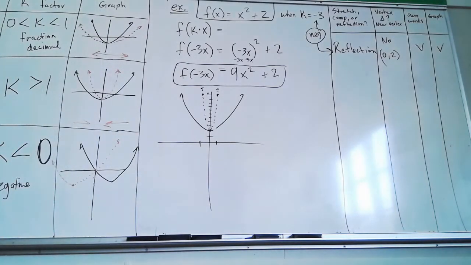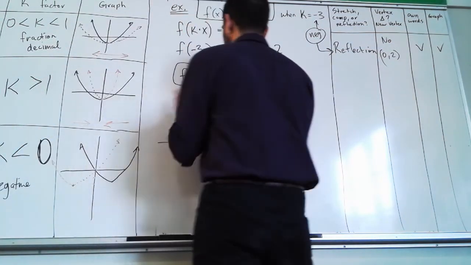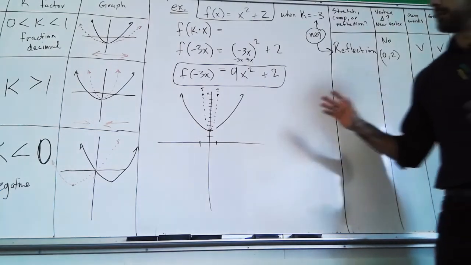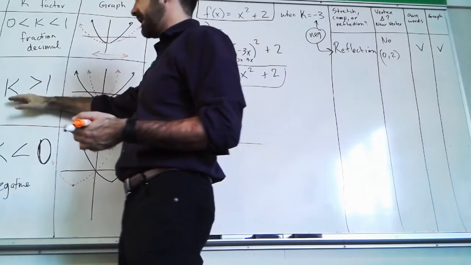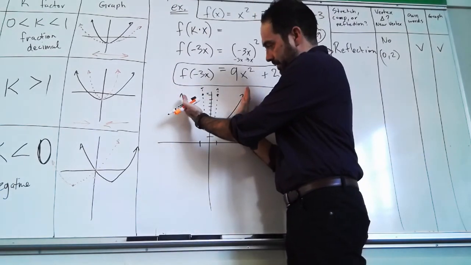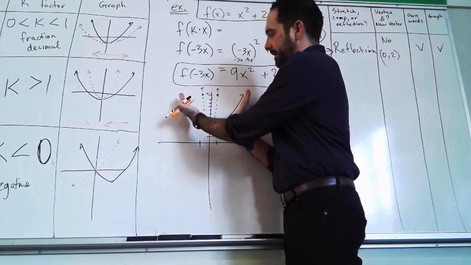Whatever your k factor is, that is also manipulating how much it's compressed. So if I had a k factor of, say, 10, compared to the original, the new compressed parabola would have a scale factor of 10 smaller.